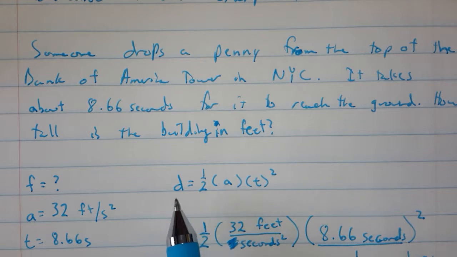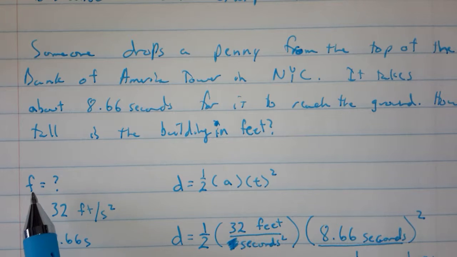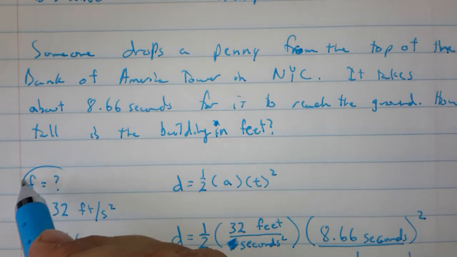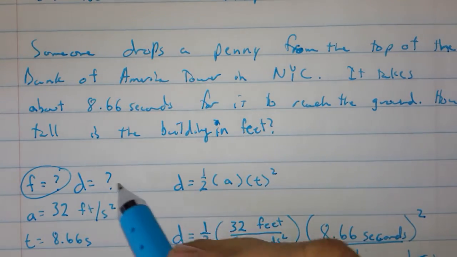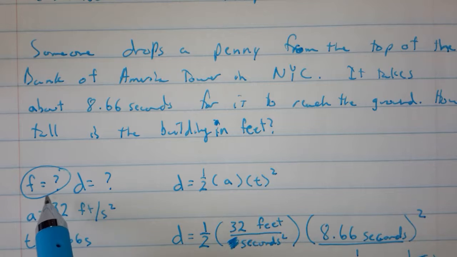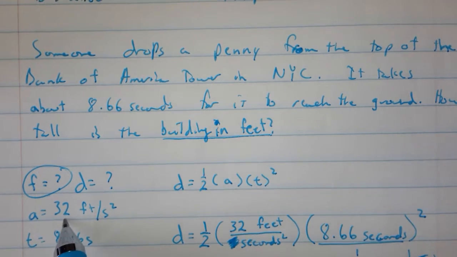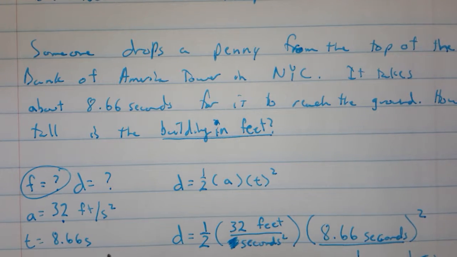If we're needing a distance, it's going to be the distance equation. We come over here and we label the different things that we need. This can be relabeled as just d equals question mark. We just wanted it in feet, so I wanted to make sure we were using the acceleration that's in feet per second instead of meters per second.